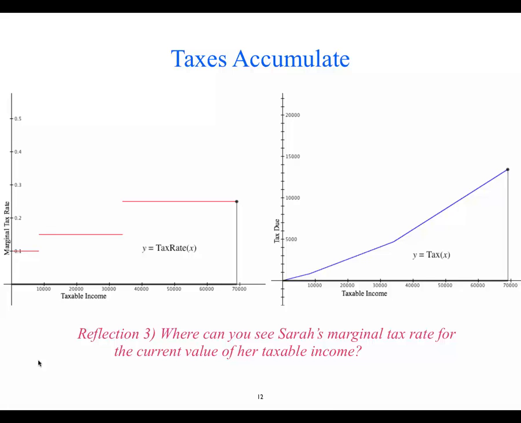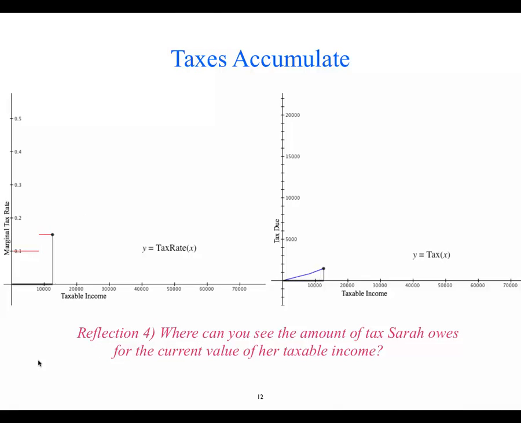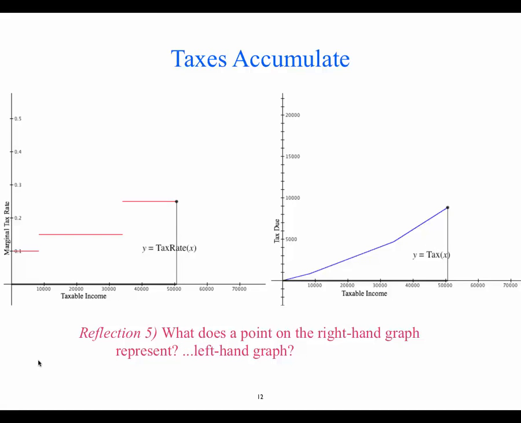Where can you see the marginal tax rate for the current value of our taxable income? So where do you see the tax rates? The y-axis of the left graph. What do you think? Agree? I was going to say it said the current value, so it would be wherever the dot is on the left graph. Okay, so is it the y-axis or is it where the dot is?